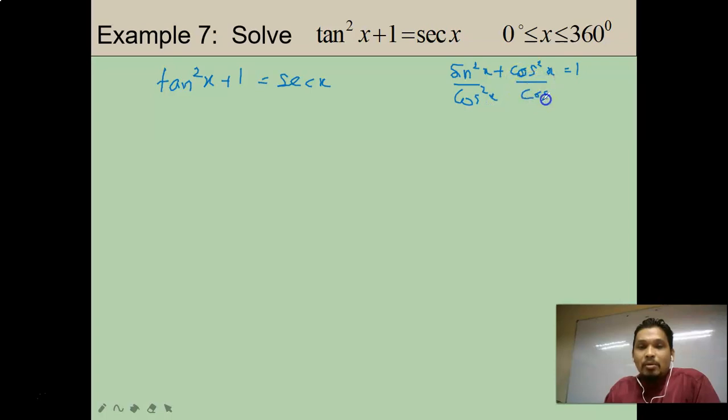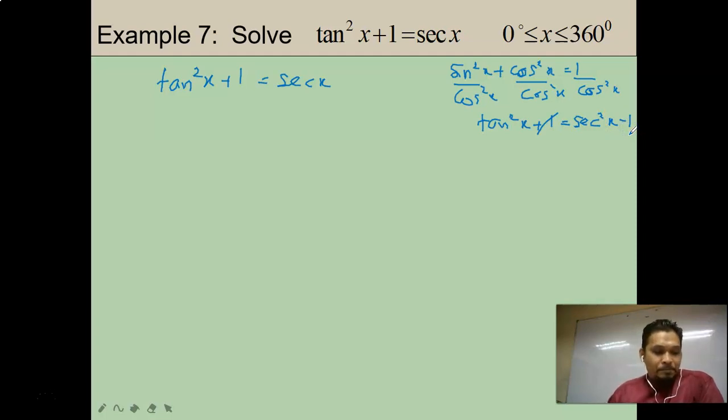Sine square over cos square equals tangent square x. Cos divided by cos equals 1, and 1 over cos square equals secant square x. So bring this to the other side, it becomes minus 1.